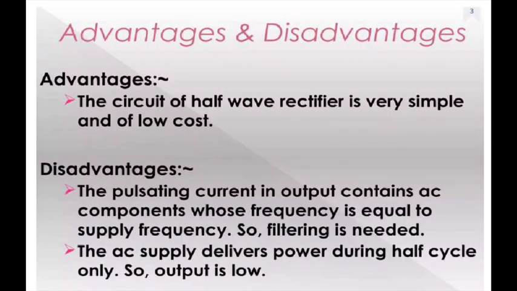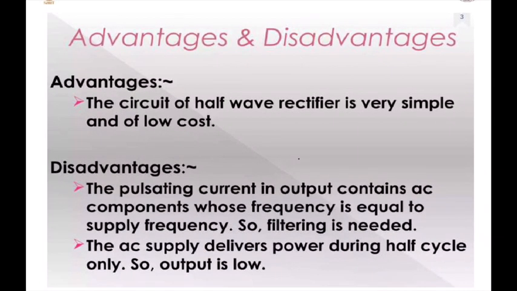Coming to the advantages and disadvantages of a half wave rectifier. The advantage is that the circuit is very simple and low cost. The disadvantage is that the pulsating current in the output contains AC components whose frequency is equal to the supply frequency.